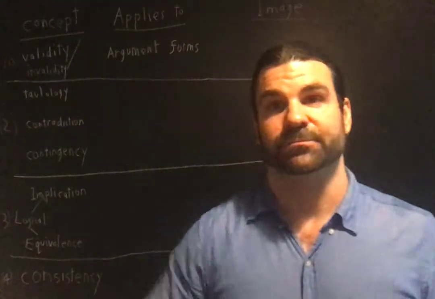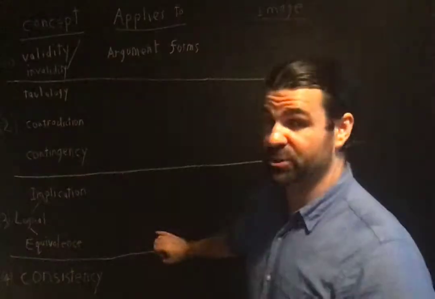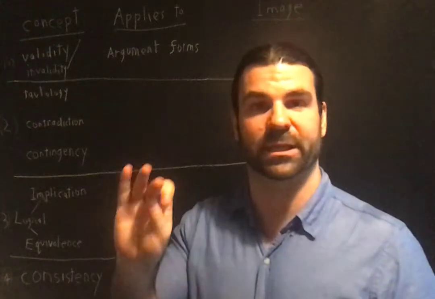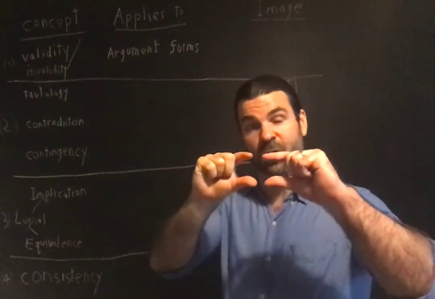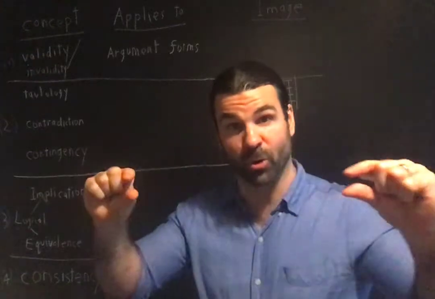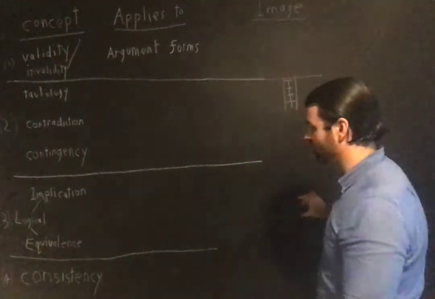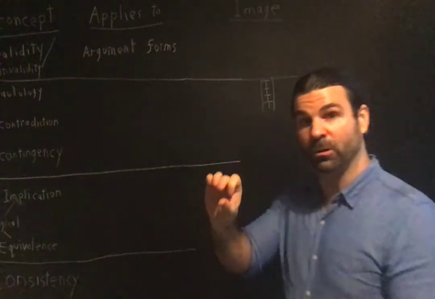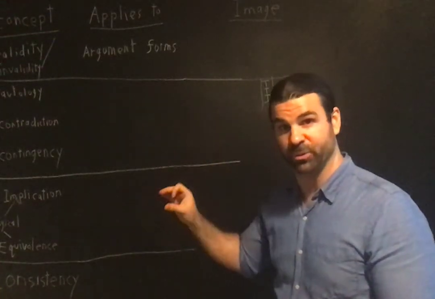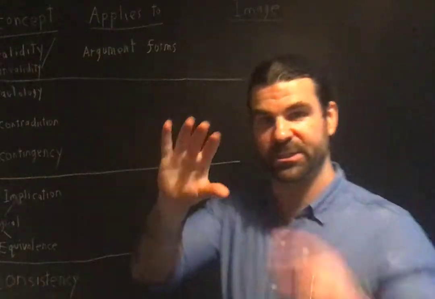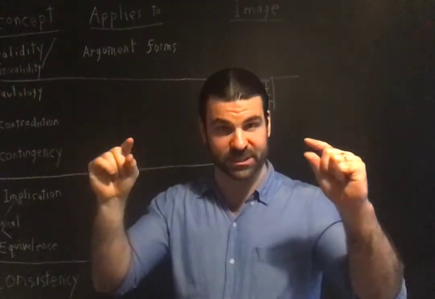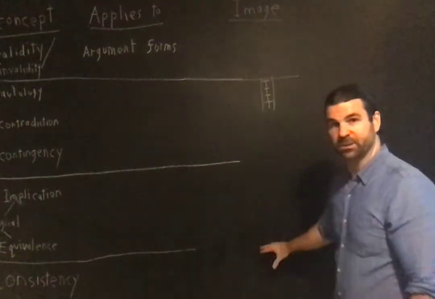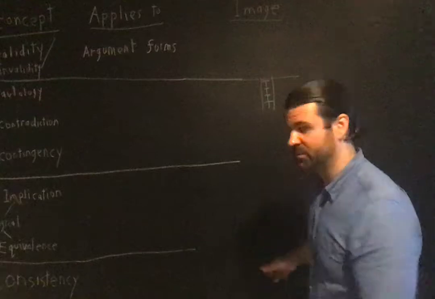Consistency is going to apply to sets of statements, and a set of statements is consistent when there is one row, not column, but one row in the joint truth table where all the statements come out true. A set of statements is consistent if there exists at least one row in the joint truth table where all those statements come out true.